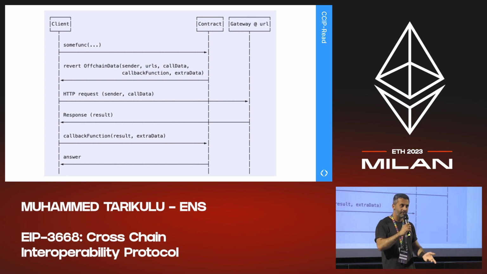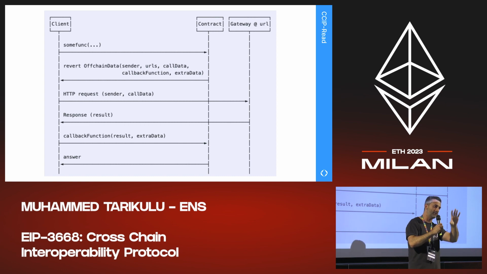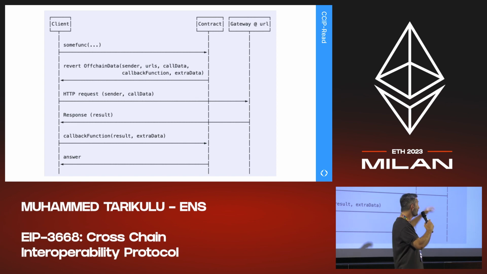So you are just doing an interaction between the client, the contract and the gateway URL, just like how you interact with L1 from the outside. At the end, you get the result, but we didn't write anything to the contract, so we didn't change any state. All we did is call the contract, which told us where the data is, and the gateway provided this information to us.